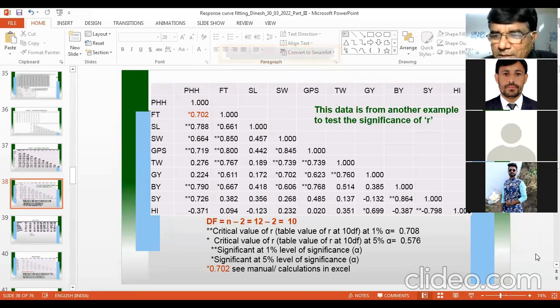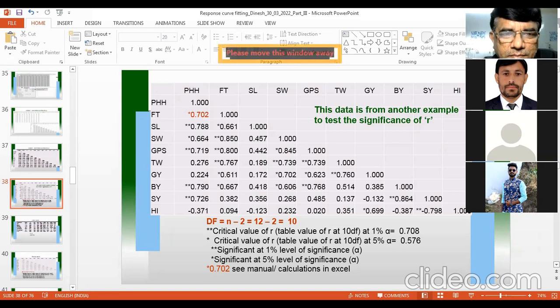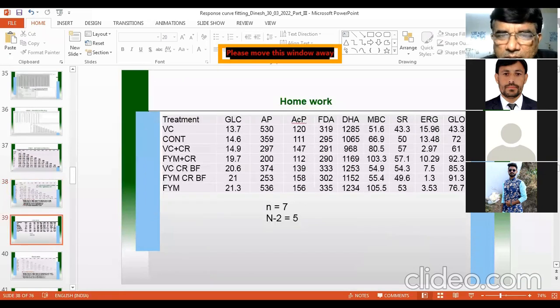Yes, sir. One more question, sir. In this table, there are many data where there is no star on them. So what does it mean? This table or the previous table? The previous.